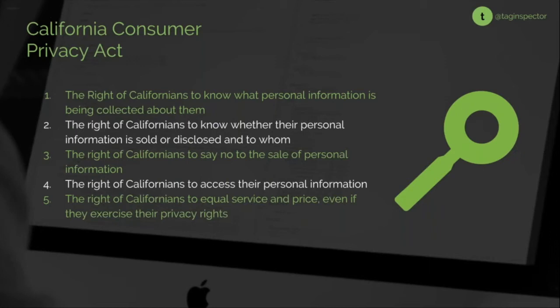And fifth, the right to equal service and price, even if they exercise their privacy rights. A lot of this is very much in parallel with GDPR, but a little bit less stringent in many cases, and the requirements for who this applies to from an organizational standpoint are a little bit more limited than those EU regulations that apply to everybody.